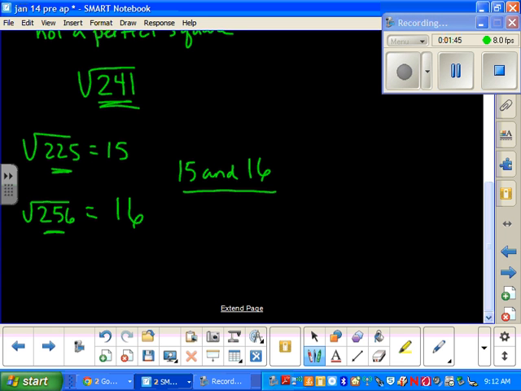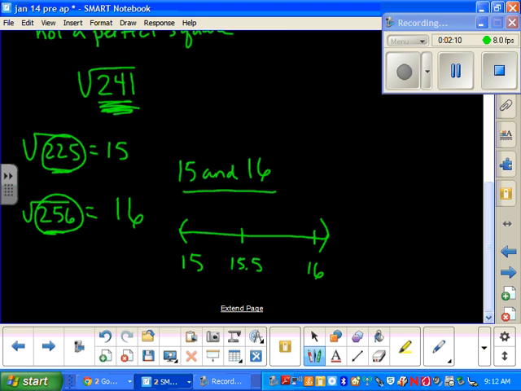Now, if I want to estimate and get a decimal for this, I would use a number line. Let's put 15, then a halfway mark, which would be 15 and a half, and then 16. Is the square root of 241 closer to 225 or 256?